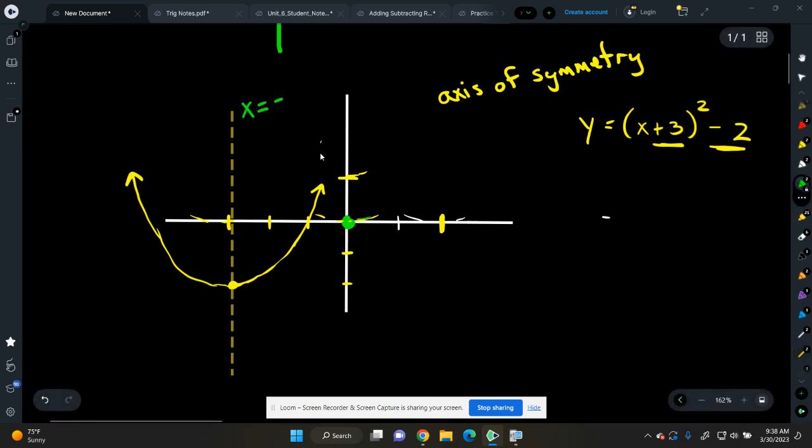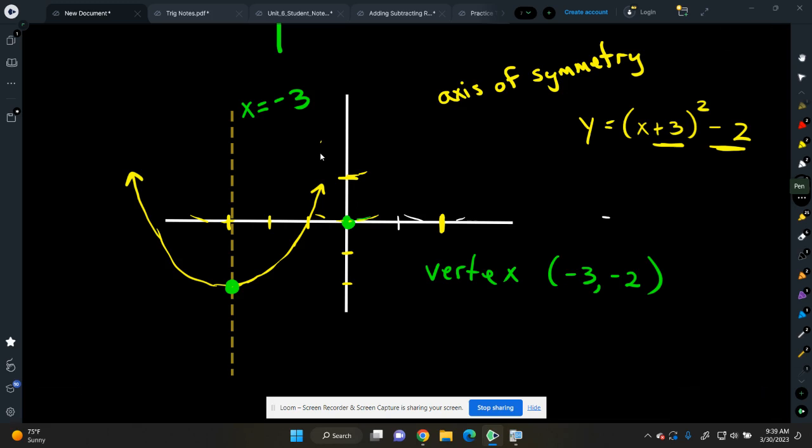X equals negative 3. That's my axis of symmetry. If I was drawing it on a piece of paper, that's the line I would fold it over on. How about the vertex? The vertex is a point. It's this point right here. We need an x and a y. Negative 3, negative 2.